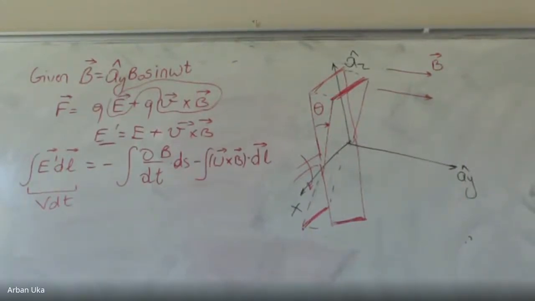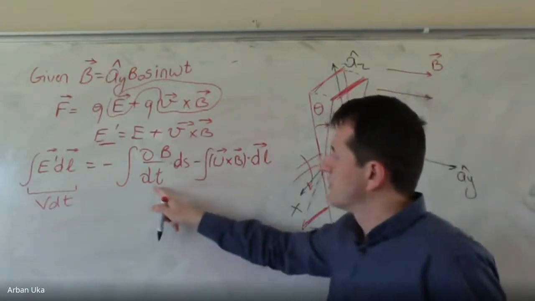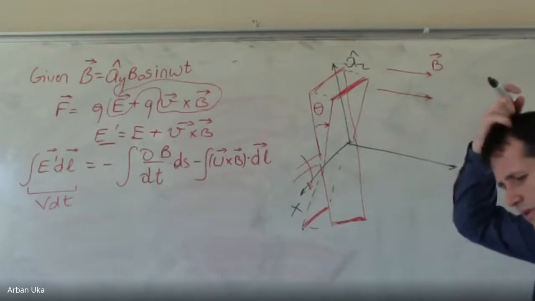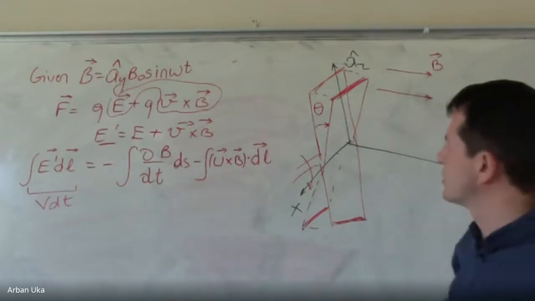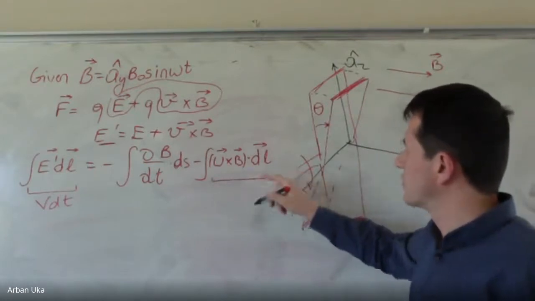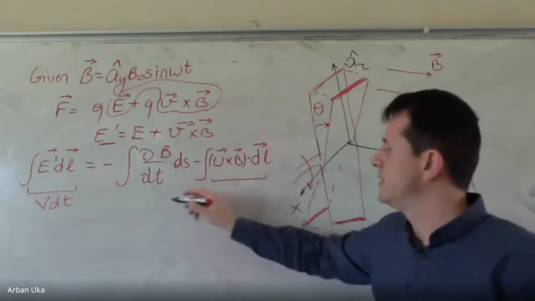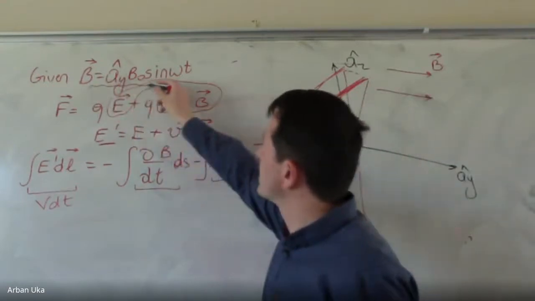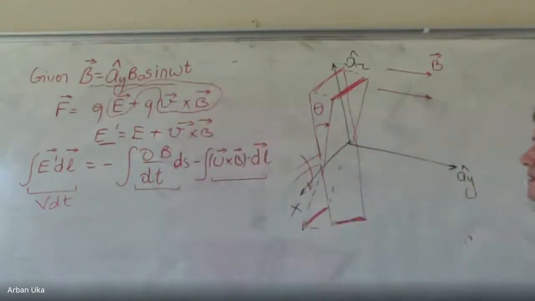One is the change which is because of the variation of the magnetic field in time, and the other one is because of the motion of the circuit. So since this circuit is moving, we have a non-zero contribution coming from here. And since the magnetic field is also a function of time, we have also a contribution from here.